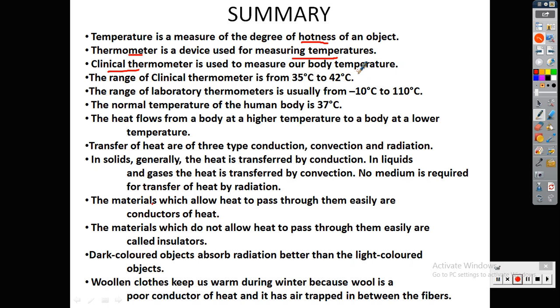The range of the clinical thermometer is 35 to 42. We also studied the laboratory thermometer, the differences and similarities between the laboratory thermometer and the clinical thermometer, the range of the laboratory thermometer, and normal human temperature.